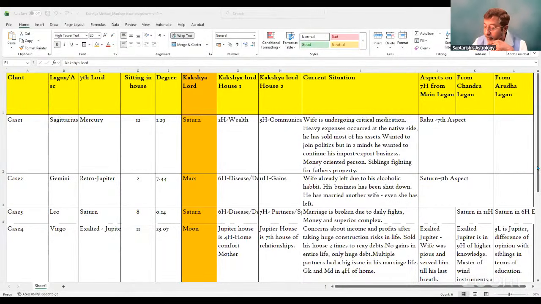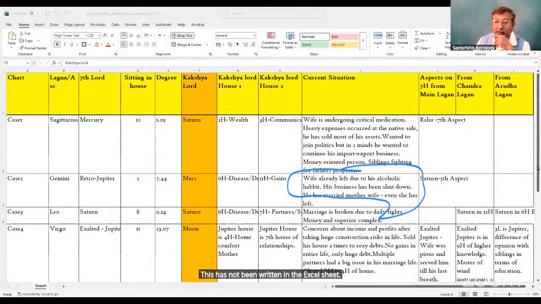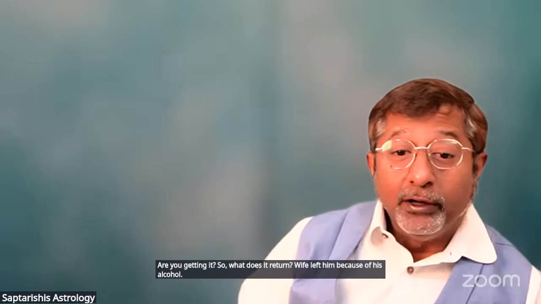See, where is it? This has not been written in the Excel sheet. So what is written? Wife left him because of his alcoholic habit. Fifth is coming, correct? Also, can you find out whether he loves slapping his wife? He's done it or not? Ask him.